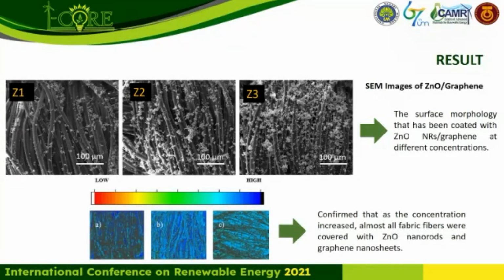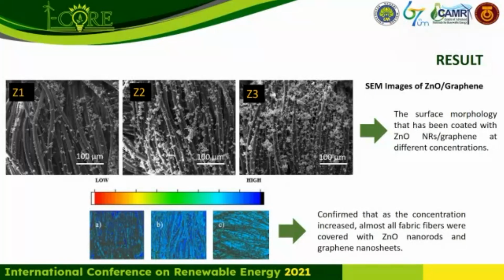The next figures confirm that as the concentration increased, almost all fabric fiber was covered with ZnO nanorods and graphene nanoseeds. This was also influenced by the large particle size in accordance with the XRD result obtained.